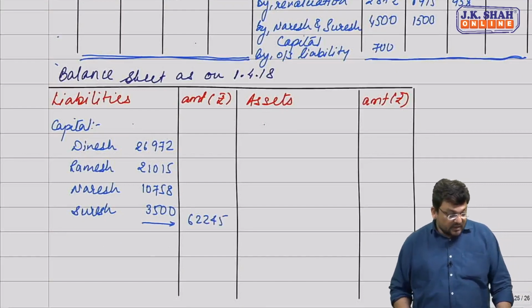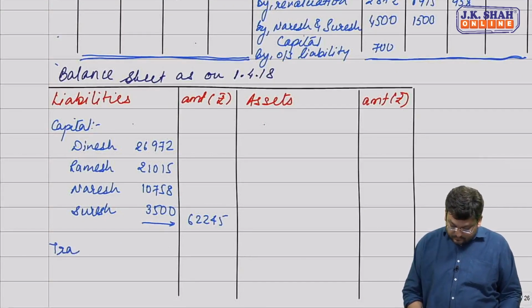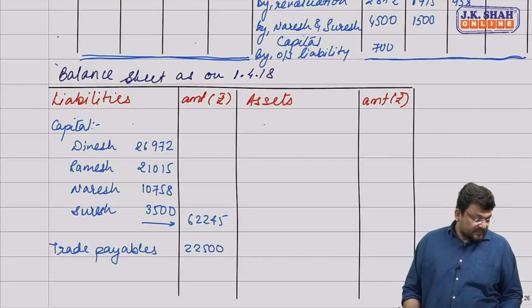Correct. Other liabilities include trade payables of 22,500. Outstanding liabilities have reduced by 700. So outstanding liabilities are 1,500 now.